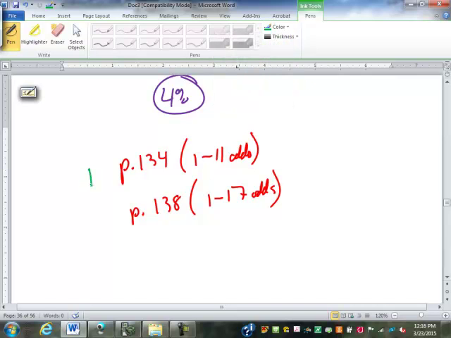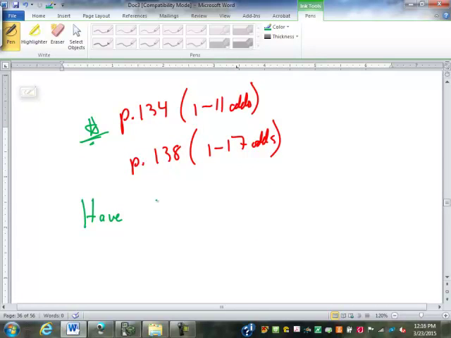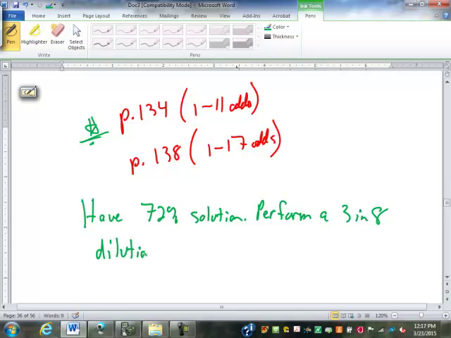Now, one thing in this section that we didn't necessarily go over with the dilutions, let's say we have a 72% solution, and we perform a 3 and 8 dilution. Find the new concentration, the new percent.